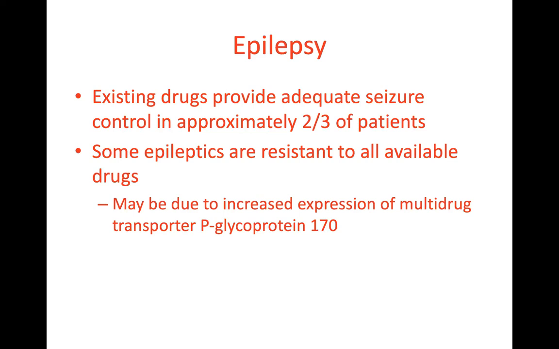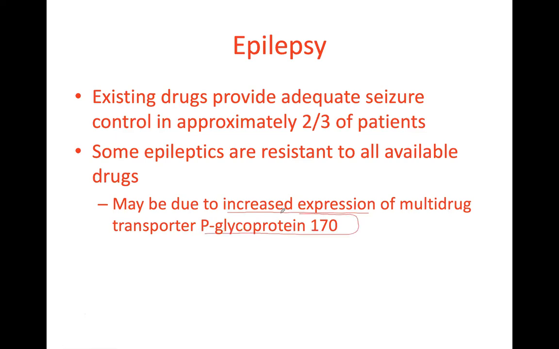There are some patients with epilepsy who seem to be resistant to almost all available drugs. Most people have suggested that in those patients that seem to be resistant to everything, there's an increased expression of the multi-drug transporter, which is P-glycoprotein 170.